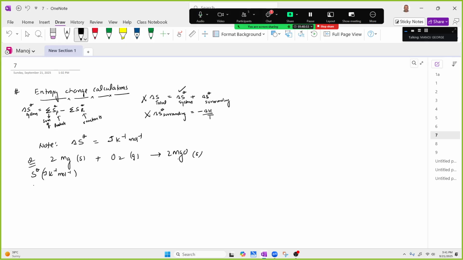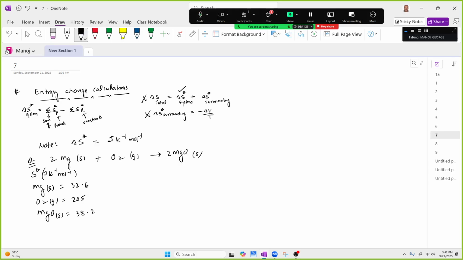This is for magnesium solid, for oxygen gas, and for MgO solid. So for magnesium solid, it is given as 32.6. For oxygen, it is 205. And for MgO, it is 38.2.